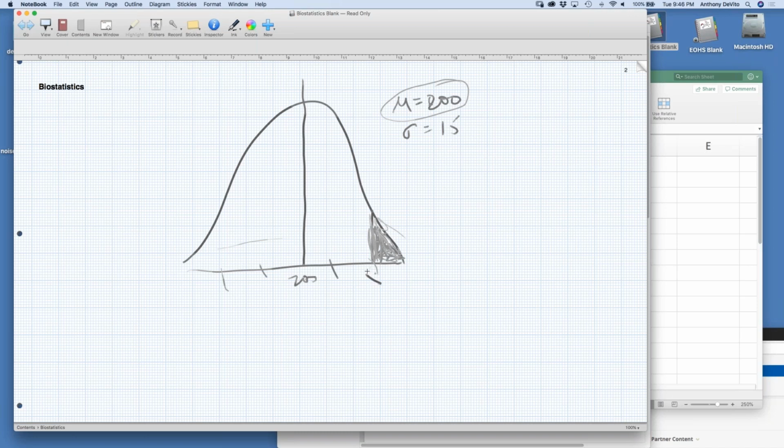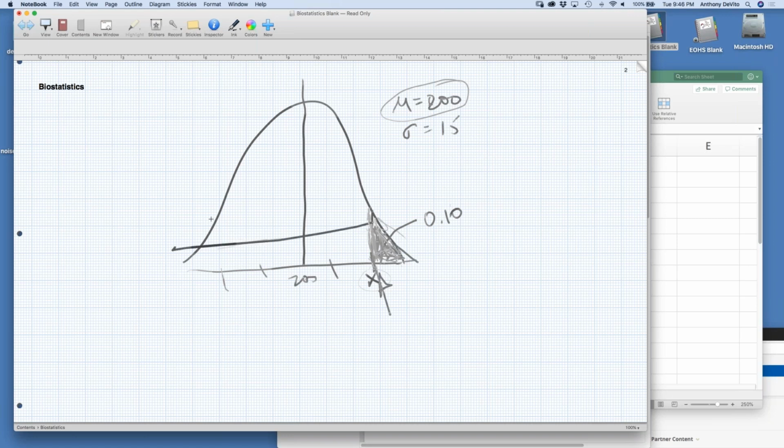In other words, what is this value for weight that I get if I'm looking at this area, which represents 10%, 0.10, that area right there? Well, I need now to figure out what is the z-score of this value x. What z-score would give me 10% of the population to the right of that?